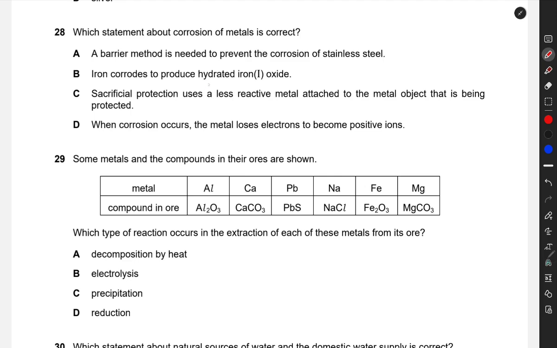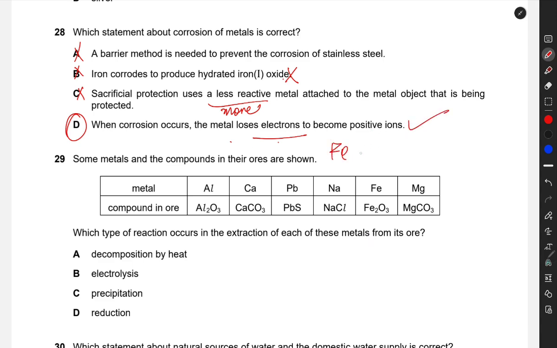Iron corrodes to form hydrated iron(III) oxide, so that is not correct. Sacrificial protection uses a more reactive metal, not less reactive, attached to the metal object that is being protected, so it is not correct. D option is correct because when corrosion occurs the metal loses electrons, so metal always loses electrons to become positive ions.